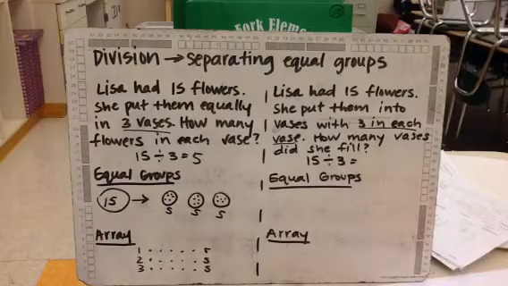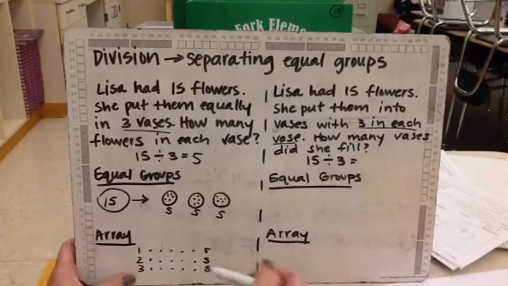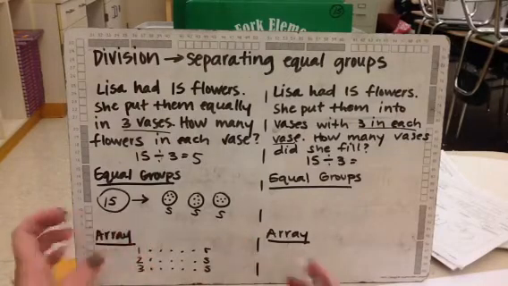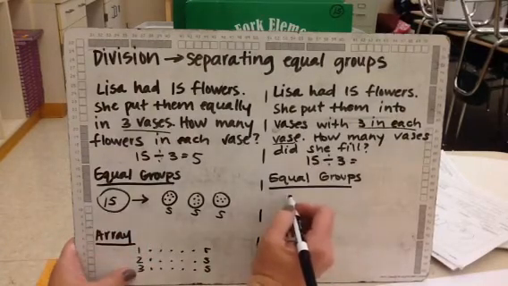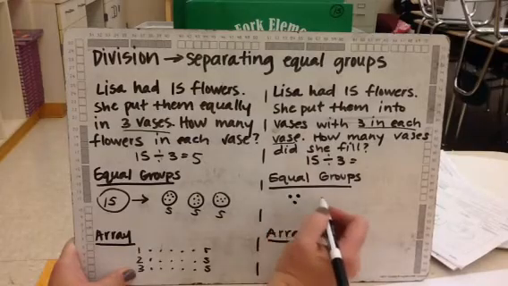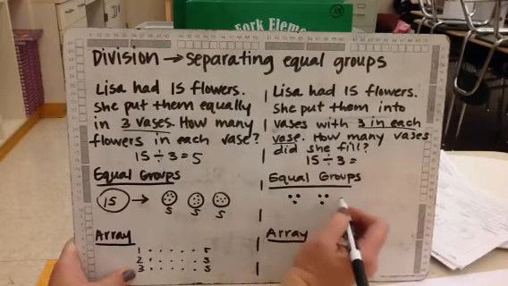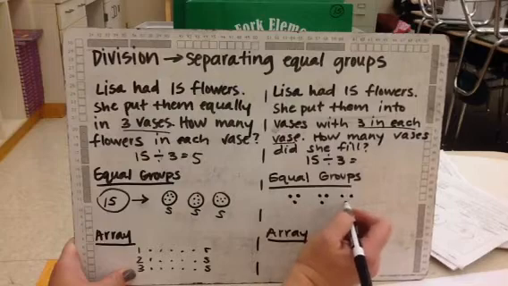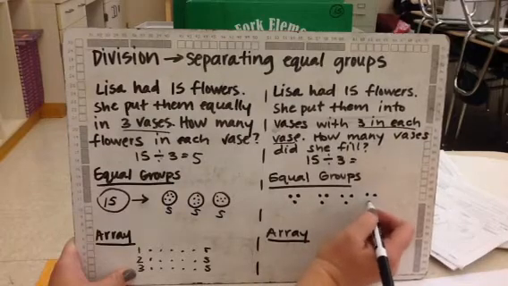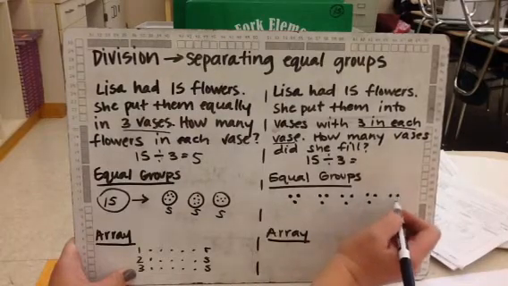This is where you really have to show your visual to match. So 15 flowers, but I'm putting 3 in each group. So I'm going to count and make groups of 3 as I count. So here's 1, 2, 3, 4, 5, 6, 7, 8, 9, 10, 11, 12, 13, 14, 15.